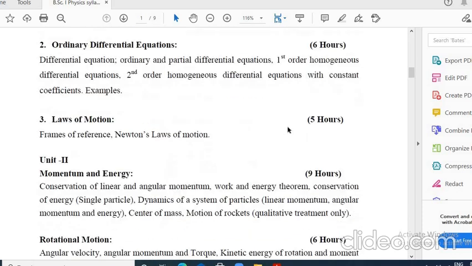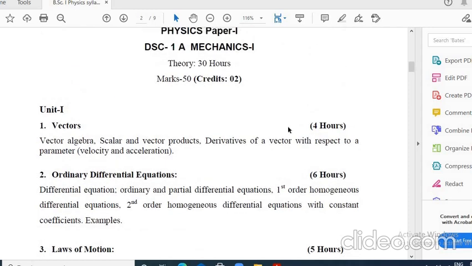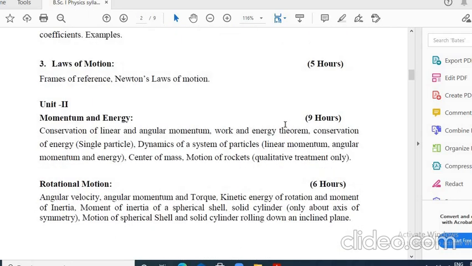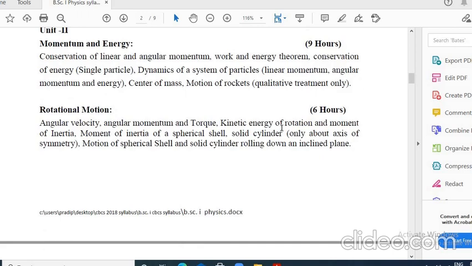We already studied paper first in the last semester, mechanics first, in which we studied vectors, ordinary differential equations, laws of motion, momentum and energy, and the last chapter, which was deleted for this year's examination, rotational motion.